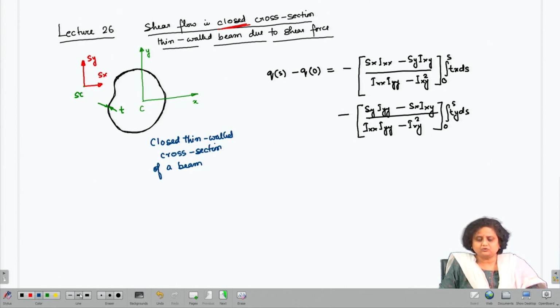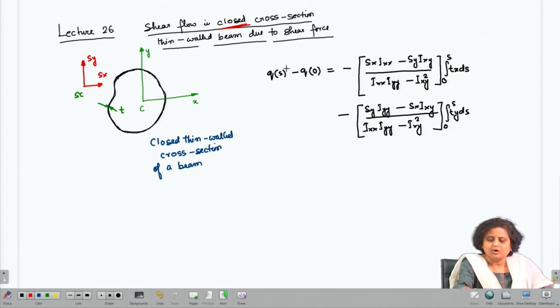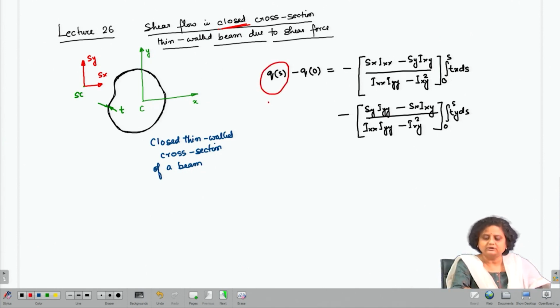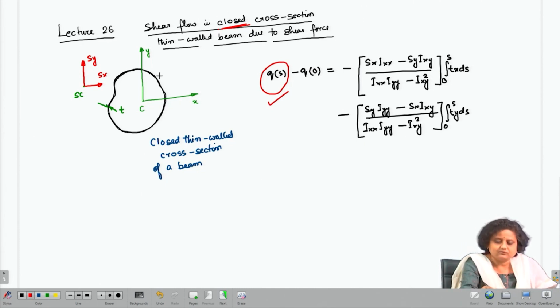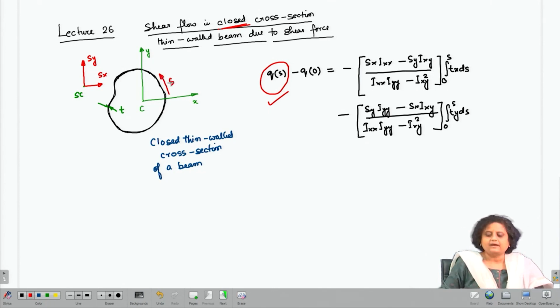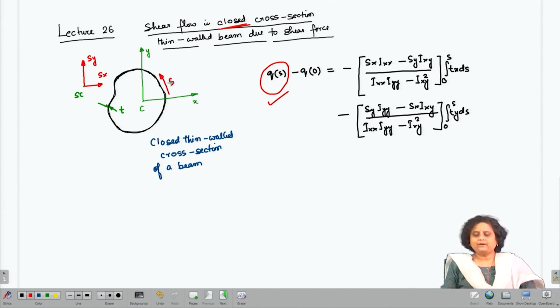Now, if we want to find out the shear flow, as we have done in the earlier lecture, we want to find out shear flow Qs in this cross section as a function of S, where S is this coordinate. So, we have used this given expression to find out the shear flow in a closed cross section beam.